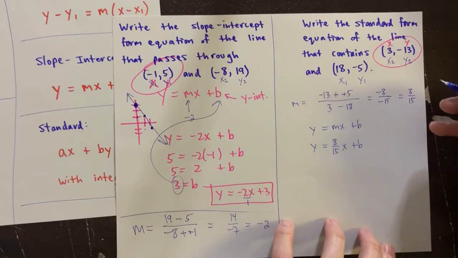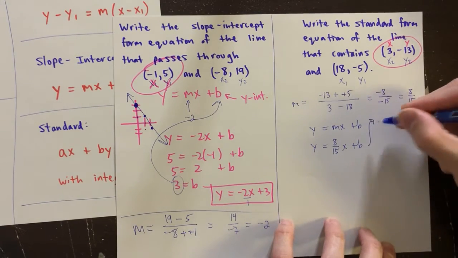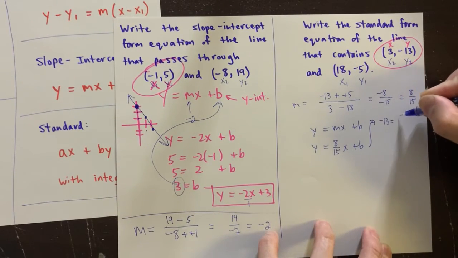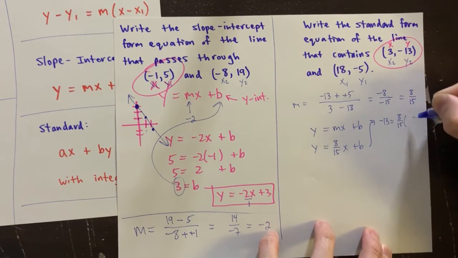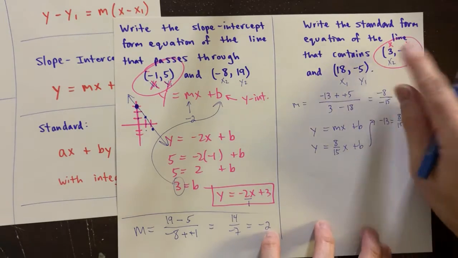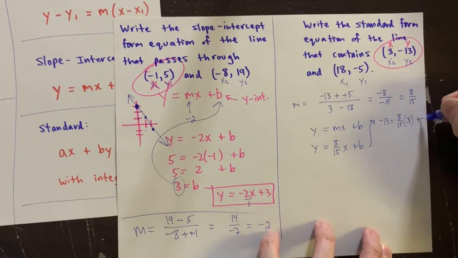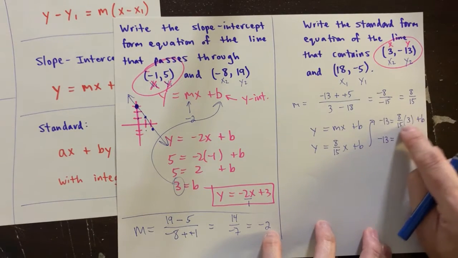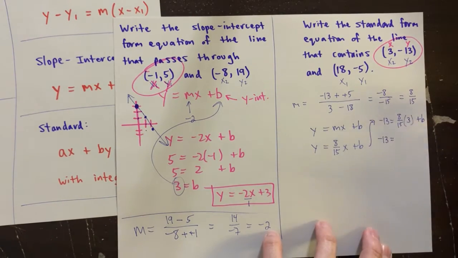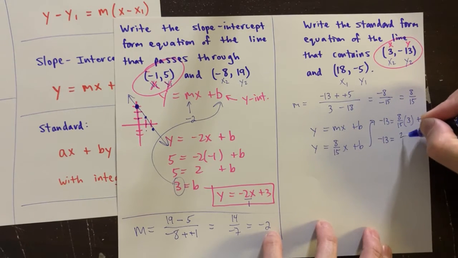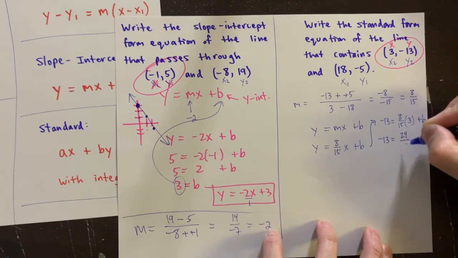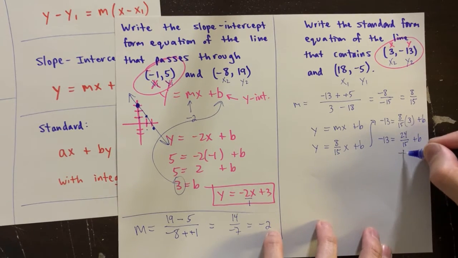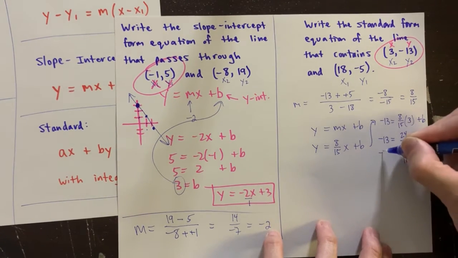And so I would get, let's see, so let me do that work up here. So instead of y, I have negative 13. And then I have 8/15. And then instead of x, I'm going to write 3 and then plus b. So this is negative 13 equals, on a calculator, this would be, it looks like it's going to be 24 over 15. And I can subtract 24/15 from both sides.